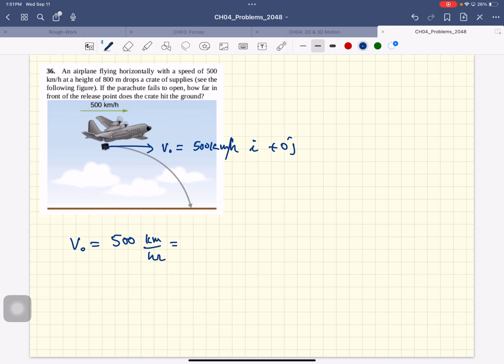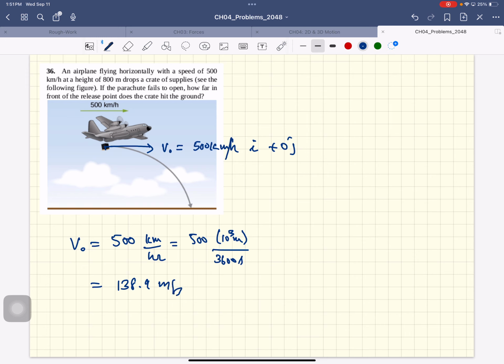And you want to learn to do this quickly. A kilometer is 1,000 meters, an hour is 3,600 seconds. So essentially, all you're doing is dividing this number by 3.6. Okay, so the initial speed is 138.9 meters per second.